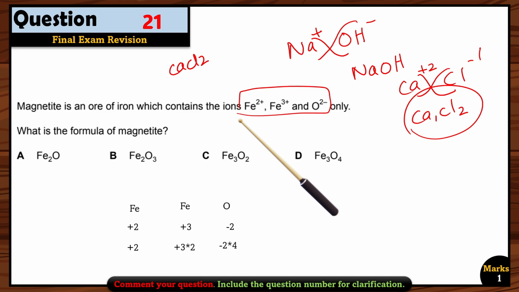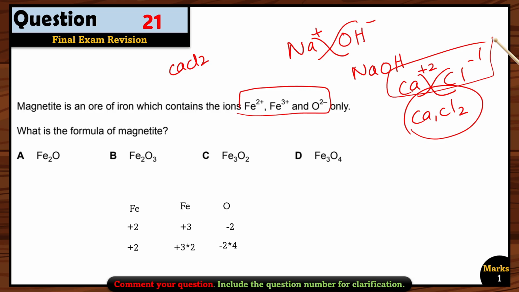So for that purpose, you cannot cross multiply the two elements, because now we have three elements. You have to remember that the overall charge on a compound is always zero. So you have to try the oxidation states so that the overall answer becomes zero.